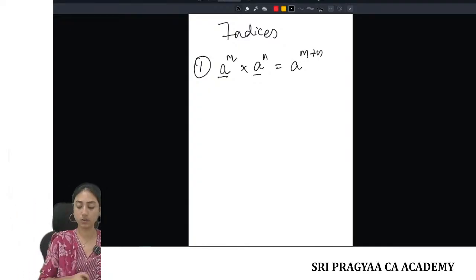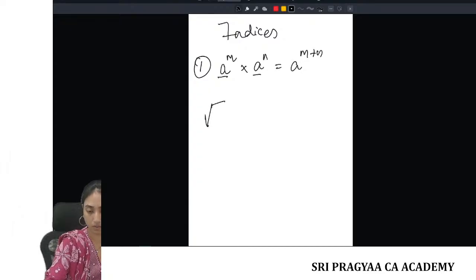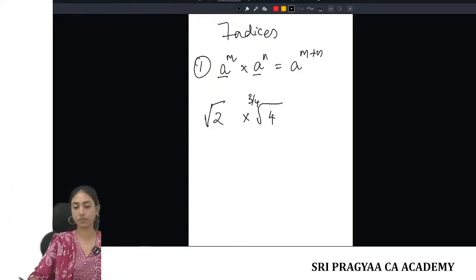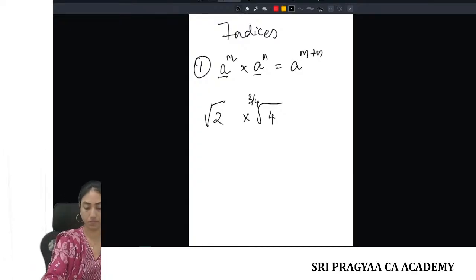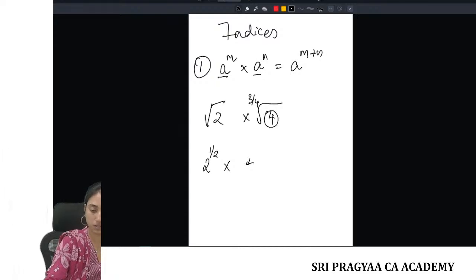To give you an example, how do you work on this? Root 2 is nothing but 2 to the power 1 by 2. 4 can be written as 2 squared.